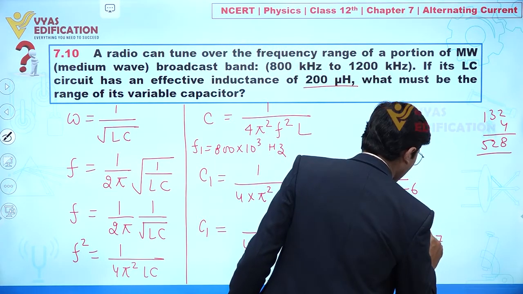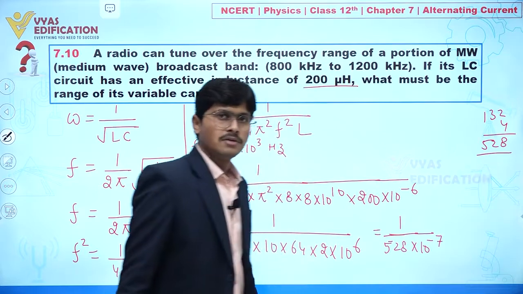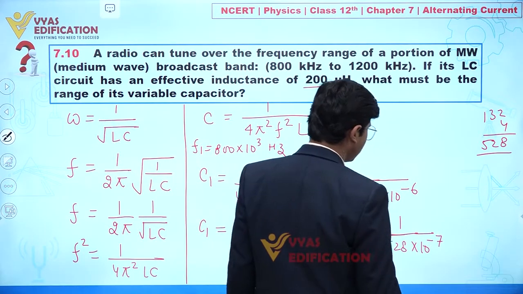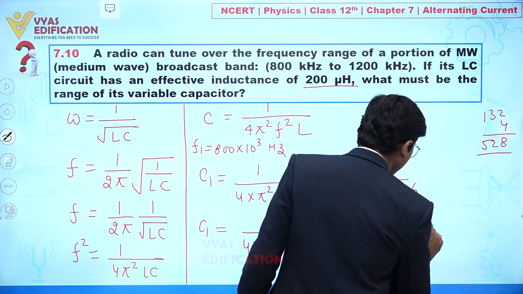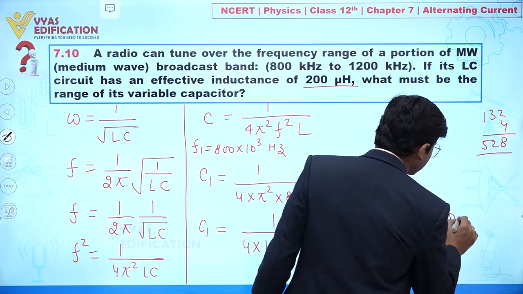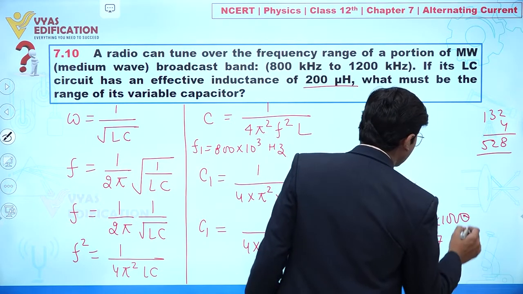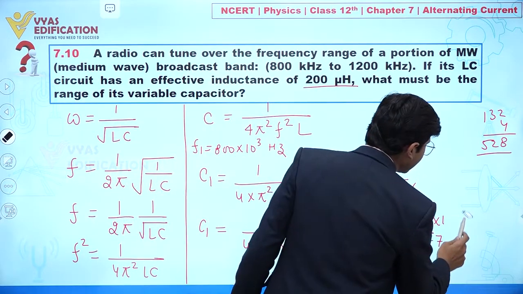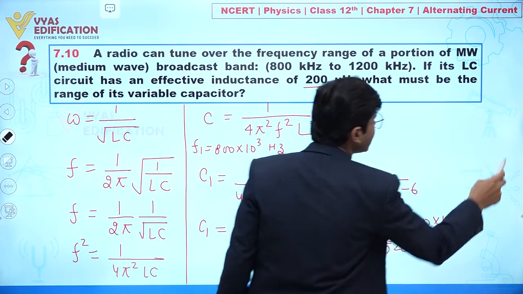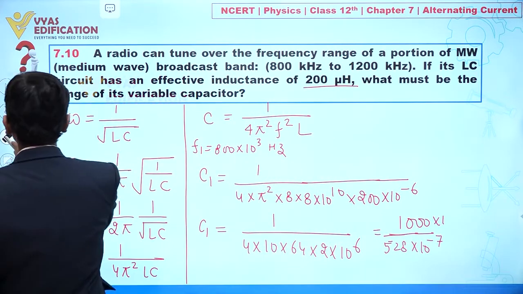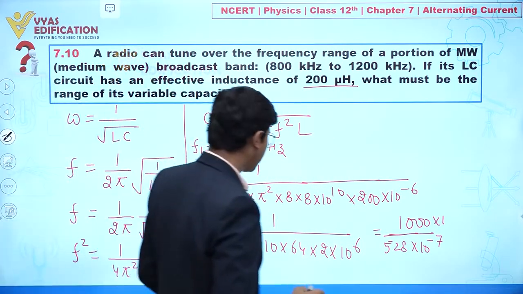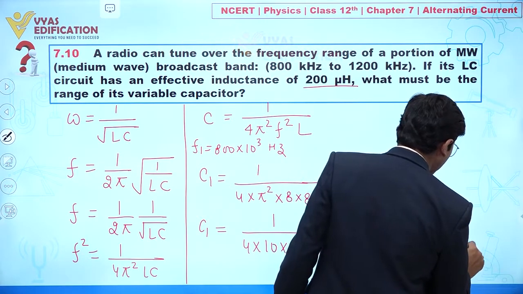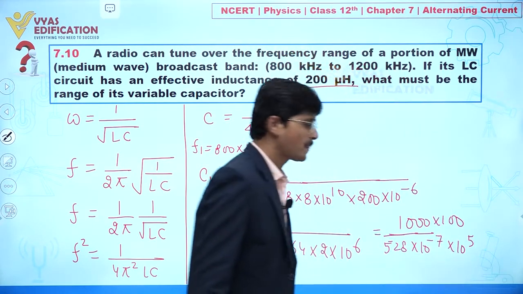Now I am multiplying in the numerator and denominator by 10 to the power 5, because it is necessary for the question. So 10 to the power 5 in the numerator and 10 to the power 5 in the denominator.